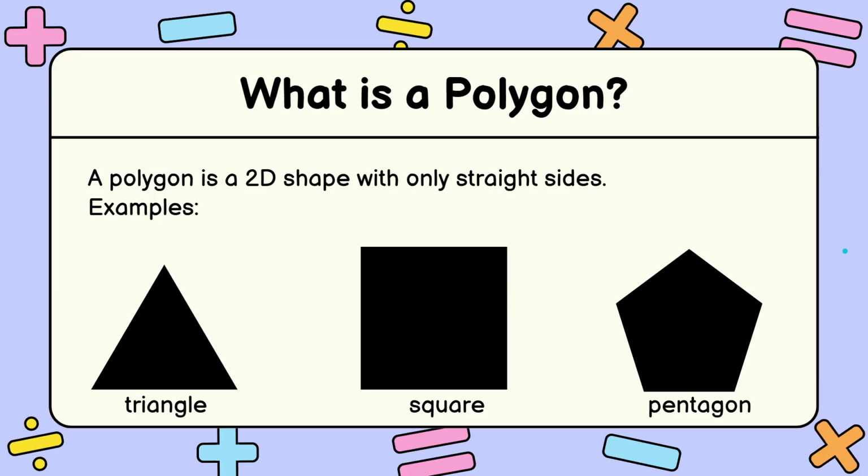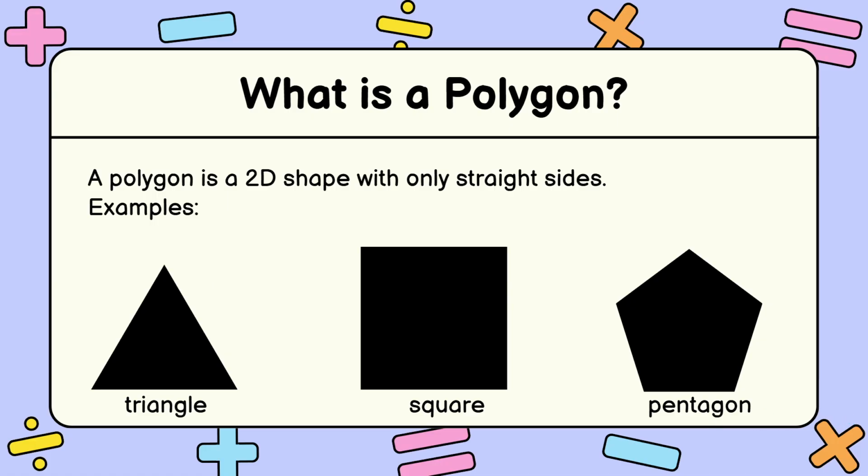Let's dive into the basics of polygons. So, what is a polygon? A polygon is simply a two-dimensional shape with only straight sides. To give you some familiar examples, think of the triangle, think of a square, or the pentagon.